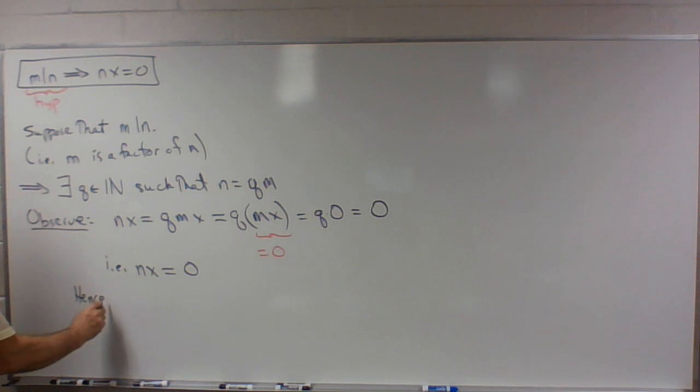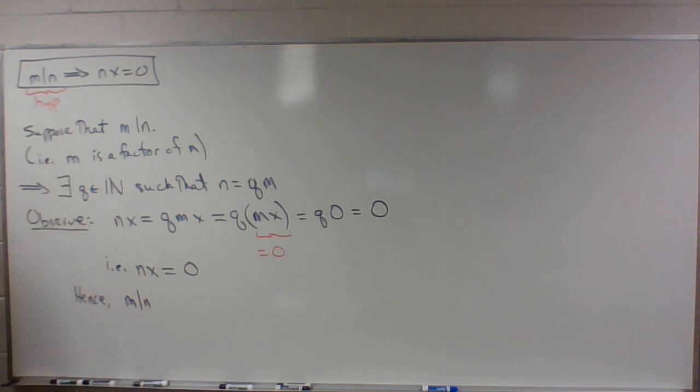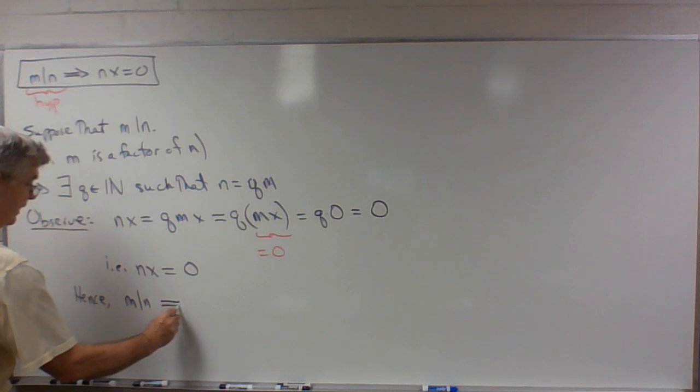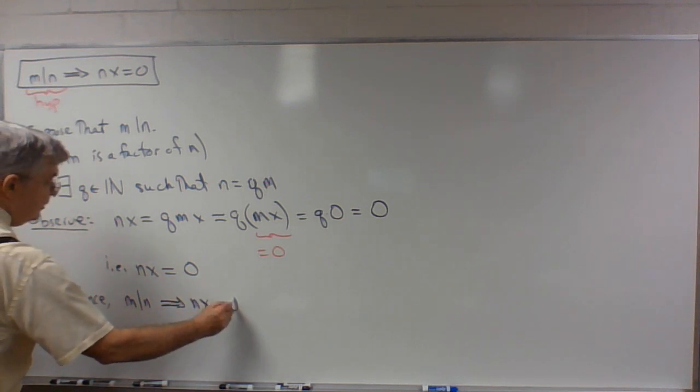So what did we establish? That if m, the order of the element x, divides n, then that tells us that n times x is 0.